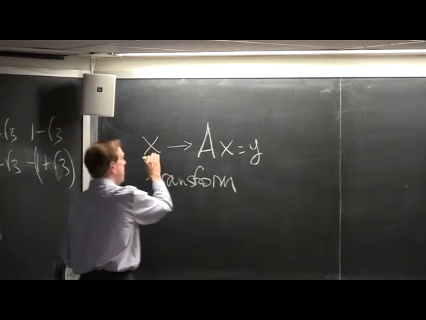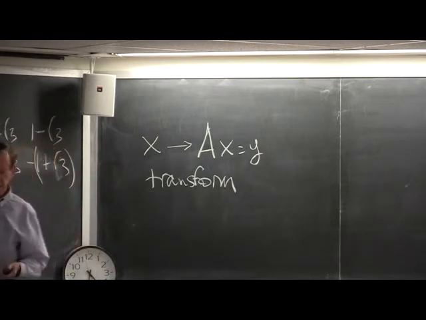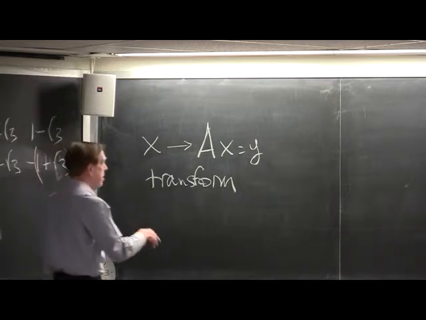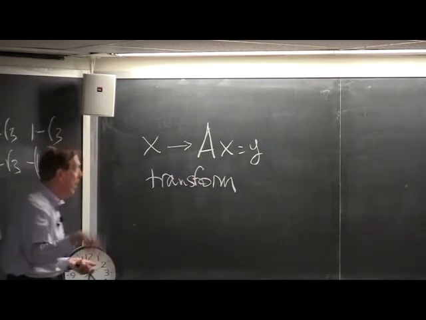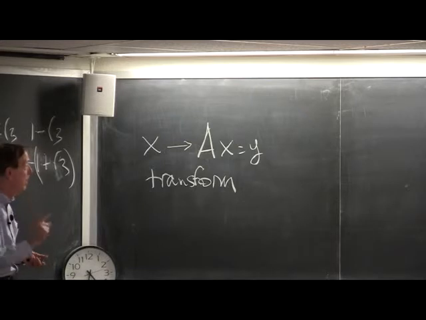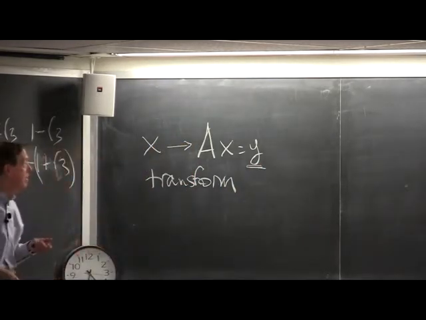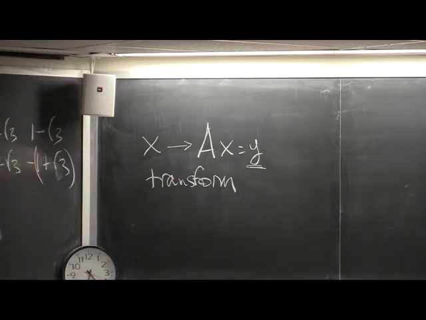And the point was that if this x is a list of pixel values, compressing it, you can't just throw away half the pixels. But if you do a Fourier transform or a wavelet transform or some other good transform to get to y, you've sort of decorrelated it, you've got something where your compression will now work.